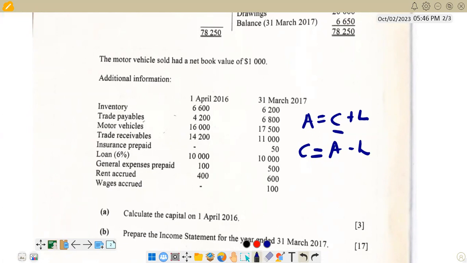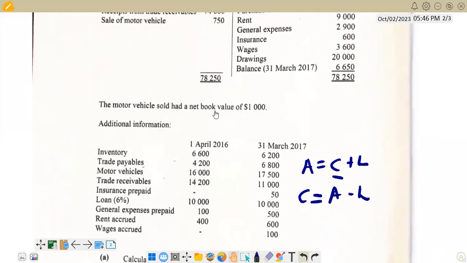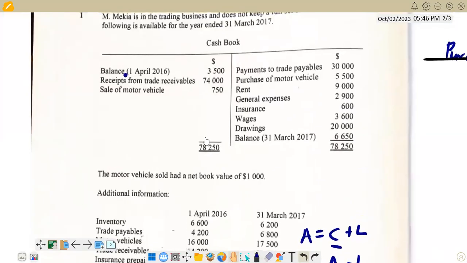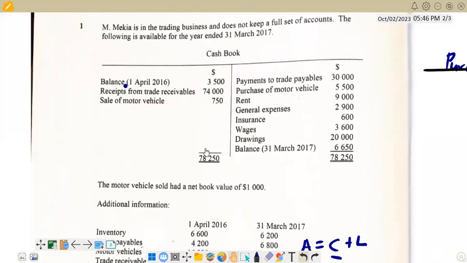But if you go with our question, at the beginning we're given a cash book. So it means we also have a figure of 3,800, and it's a cash book. We know that it's a cash and bank summary. So that's the cash and bank summary that we have.